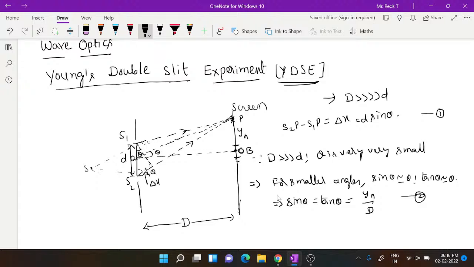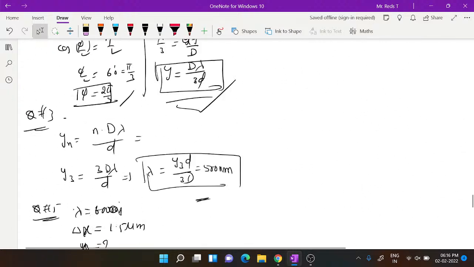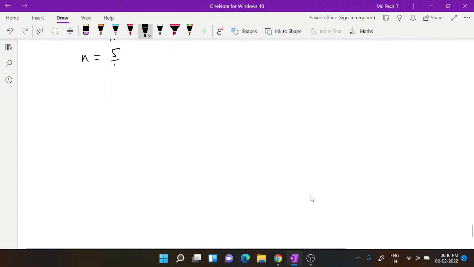If you maintain a constant phase difference, you have to keep in mind the conceptual part of interference. This is one slit. This is slit S1. This is slit S2.